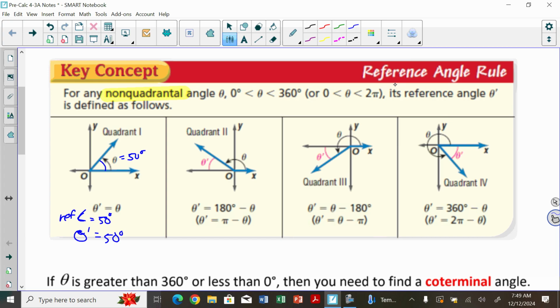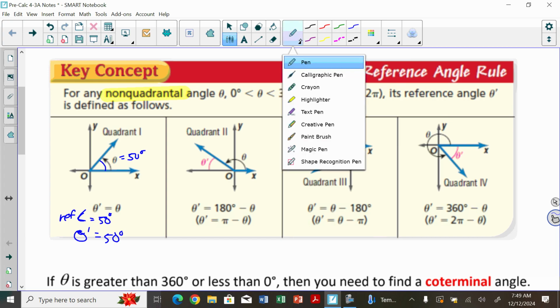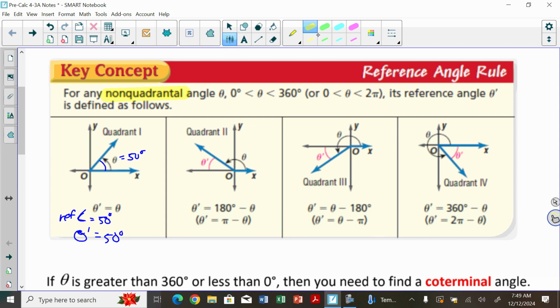In quadrant 2, you can use these different formulas for each of them, just to help you find it. Sometimes you can just look at it and know what it is. Quadrant 1 is pretty simple. Quadrant 2, you're just going to take 180 minus whatever that angle is.